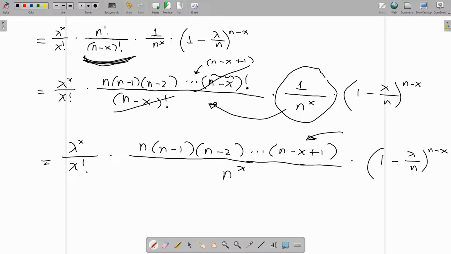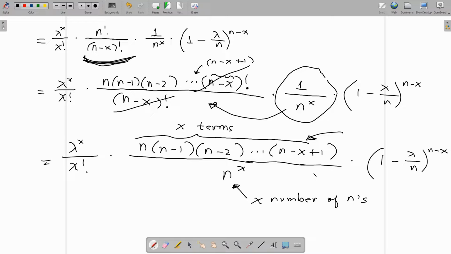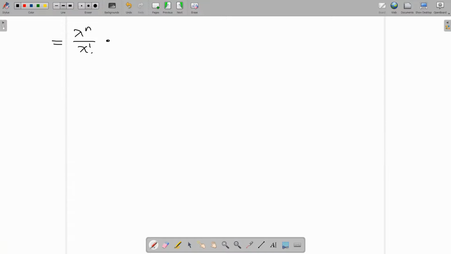Now, how many terms do we have in the numerator? So we have here x terms. Now, how many n's do we have here in the denominator? So we have x number of n's. So let us expand the denominator a bit.